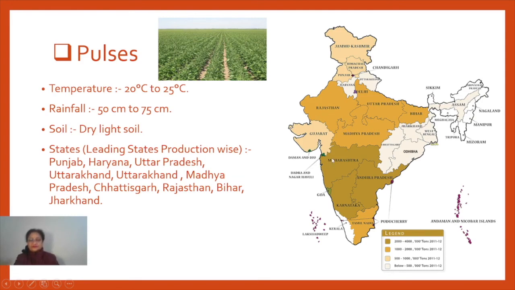So the leading states regarding pulses production are Punjab, Haryana, Uttar Pradesh, Uttarakhand, then Madhya Pradesh, Chhattisgarh, Rajasthan, Bihar, Jharkhand, Maharashtra, right, Andhra. These are the important states for the production of pulses.